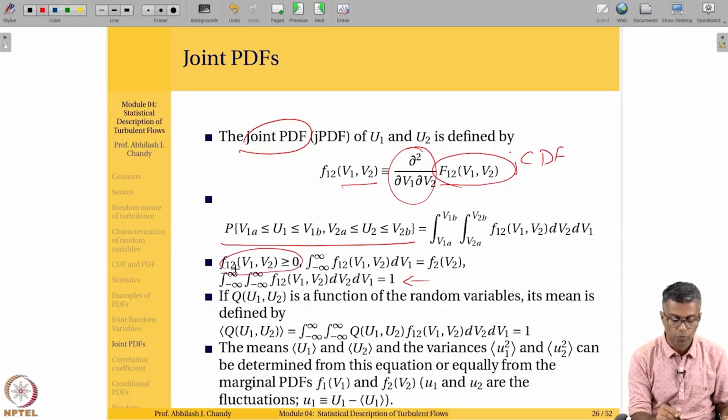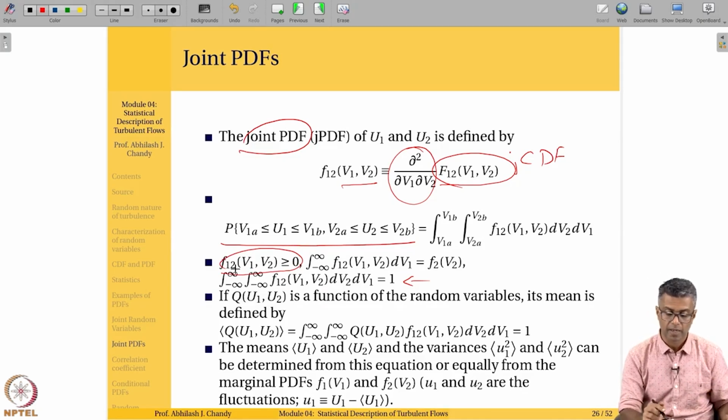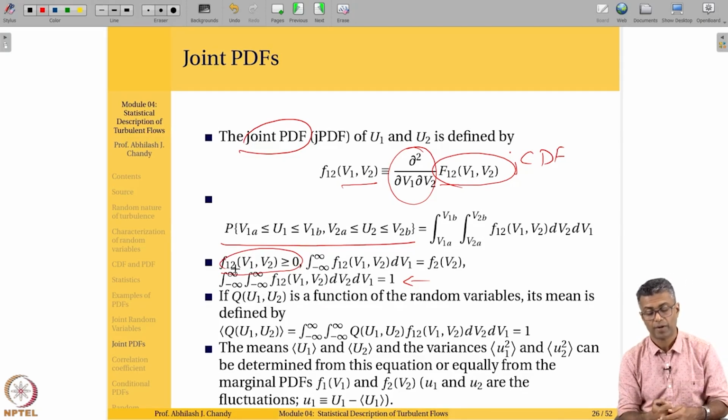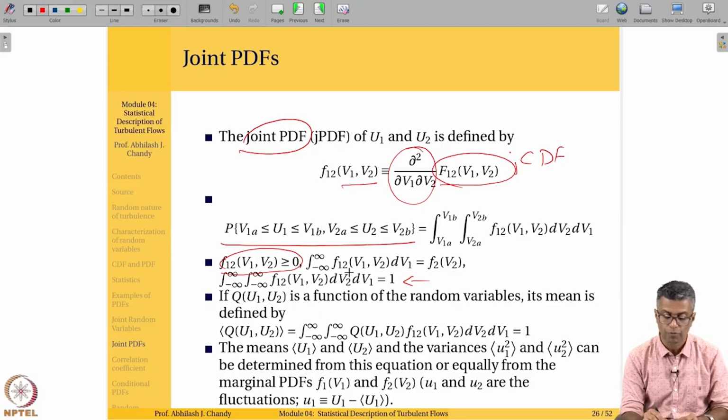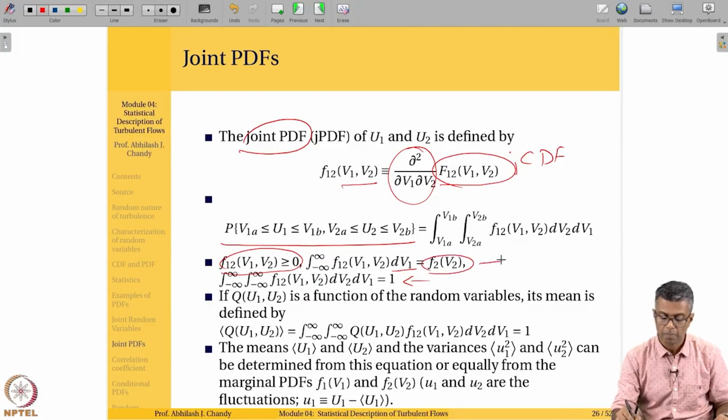F12 of V1, V2 is always going to be a positive value because you are taking a derivative of an increasing function, which means it is always going to be positive. Another thing, which only comes in joint random variables, is that if you integrate F12 of V1, V2 with respect to one sample space variable, so you integrate it with respect to dV1, you get your F2 of V2, which would be a marginal PDF.